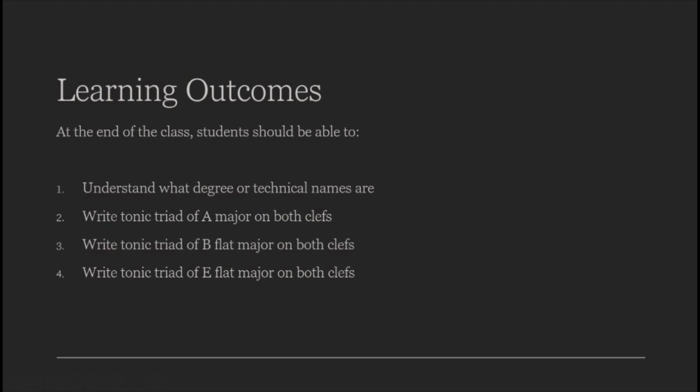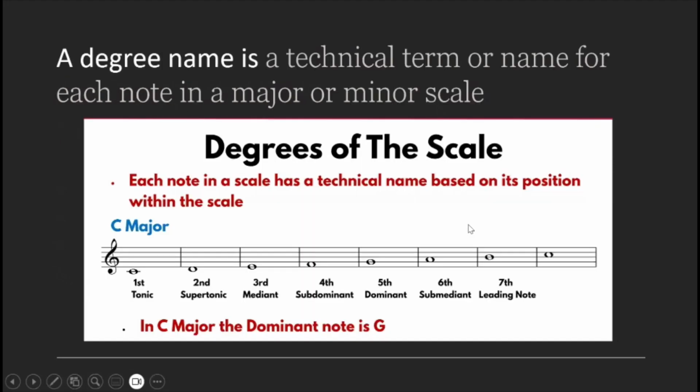Number three, be able to write the tonic triads of B flat major on both clefs. And number four, you should be able to write the tonic triads of E flat major on both clefs, as the case may be.